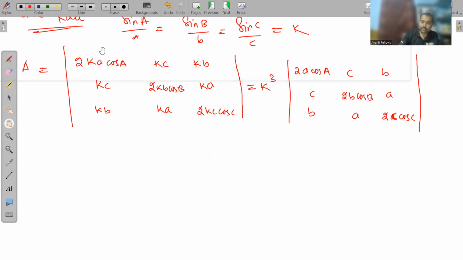Now by the projection rule, you know the projection rule in a triangle. What is the projection rule in a triangle?